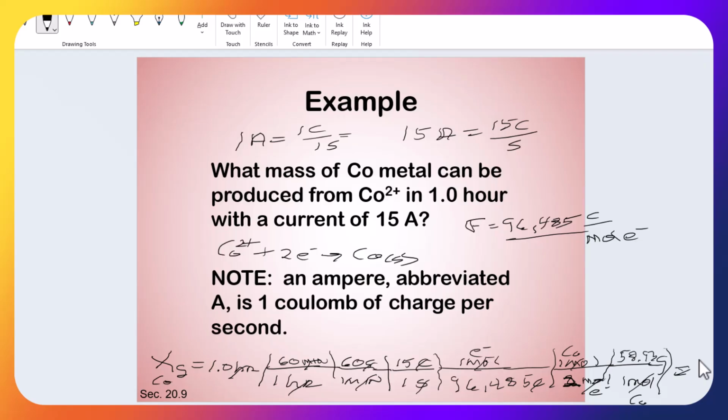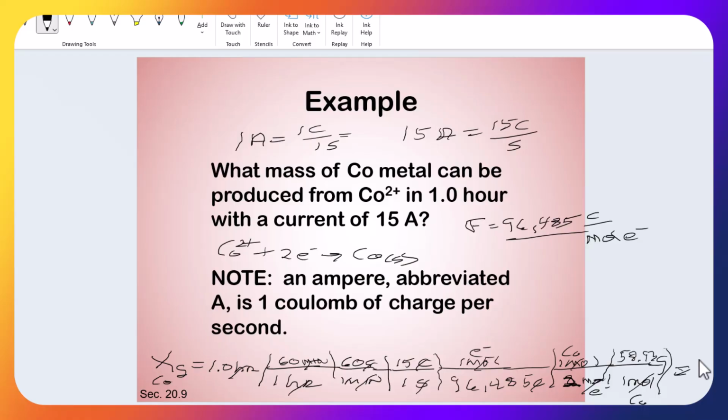So 1 times 60 times 60 times 15 divided by 96,485 divided by 2, and then times 58.93.